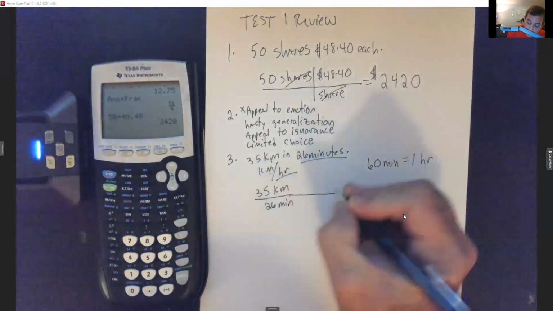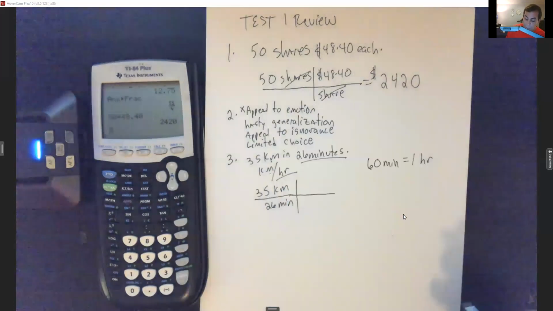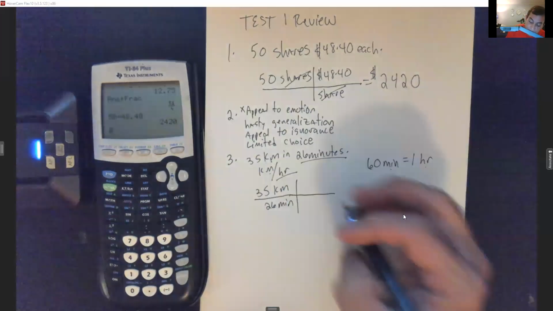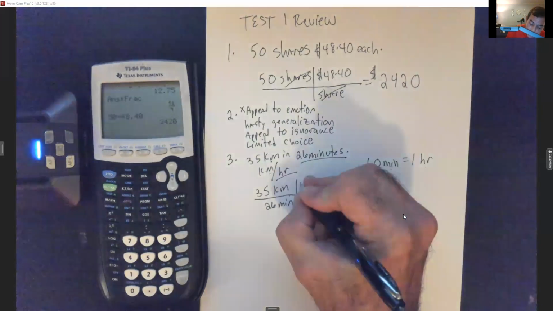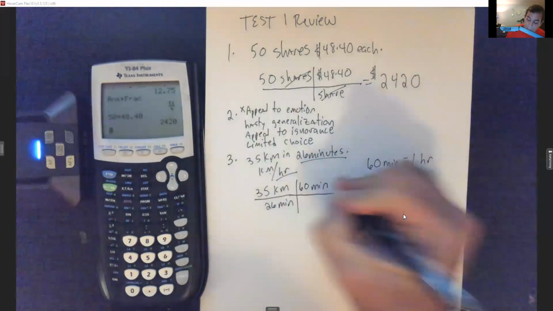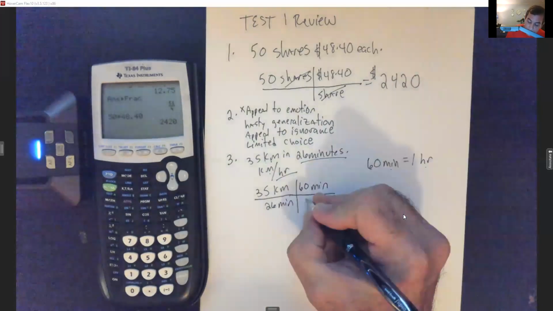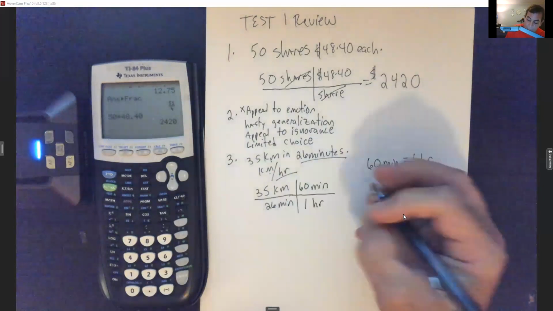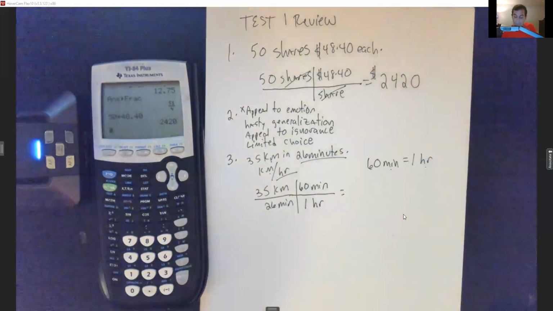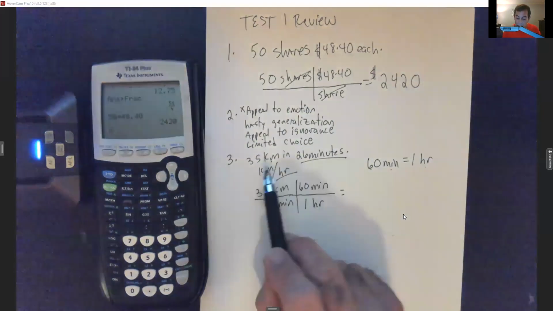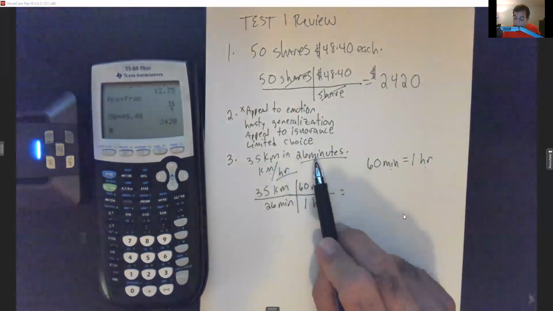So let me draw that out. I'm going to turn the minutes into hours. So we know 60 minutes is equal to 1 hour. Okay, so you can do 35 kilometers in 26 minutes.